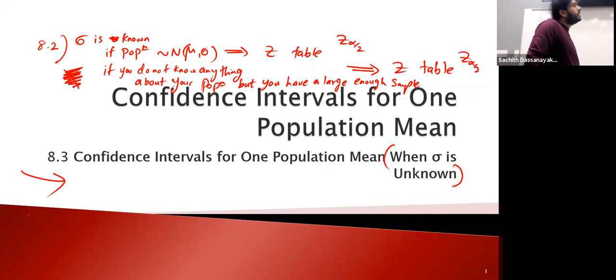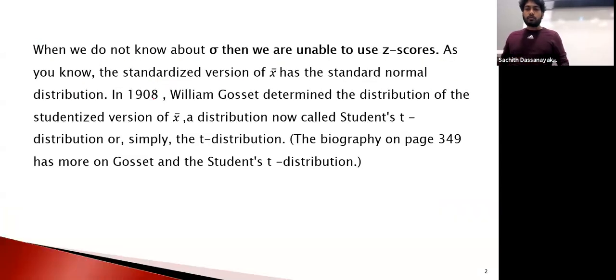It doesn't matter whether you know sigma or you don't. This is based especially on the sigma unknown situation, but you can still use this approach if your sample size is small, not large enough. Check this one. The process is pretty similar to the previous one, but there are a few things you should know.